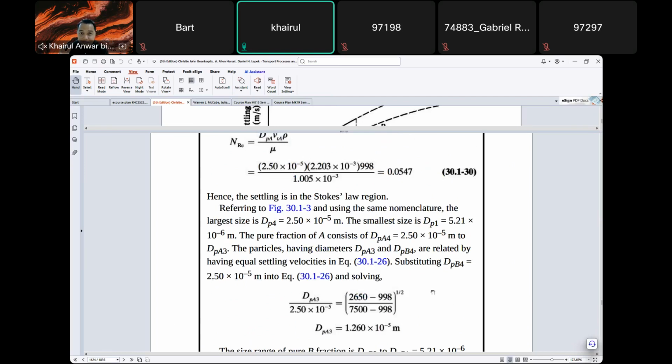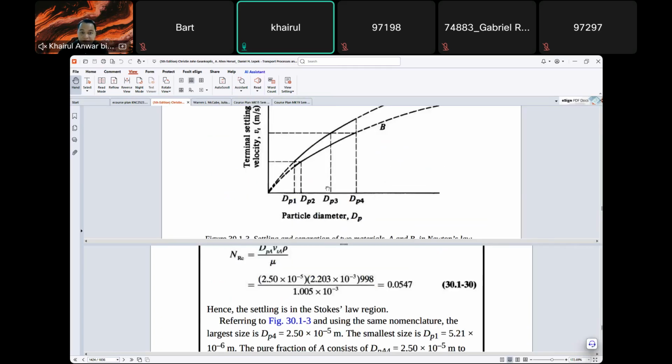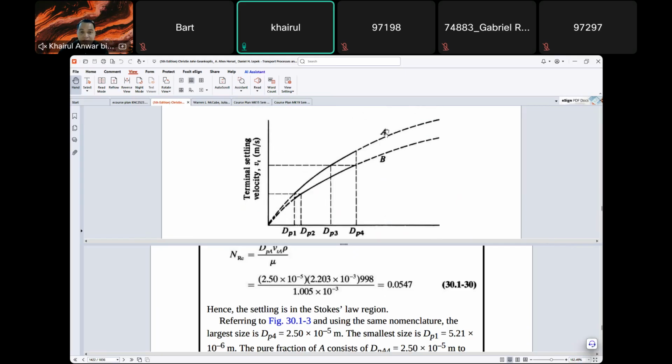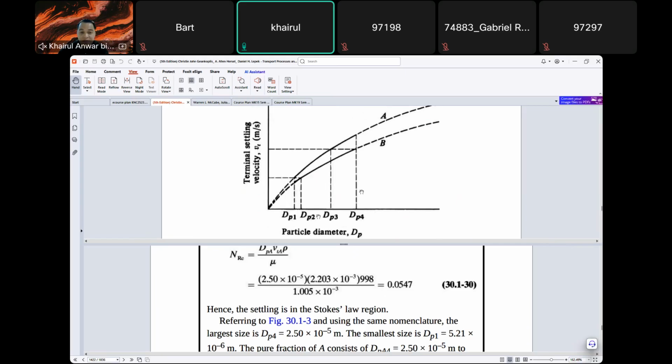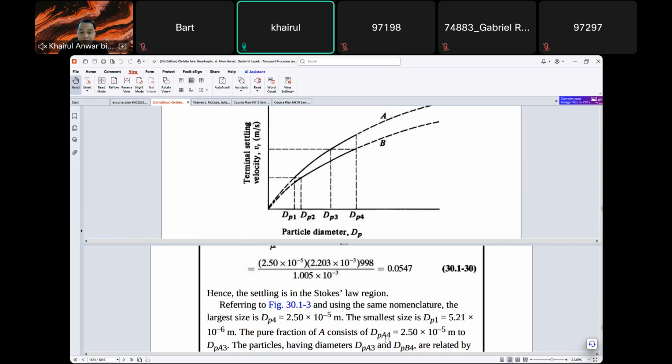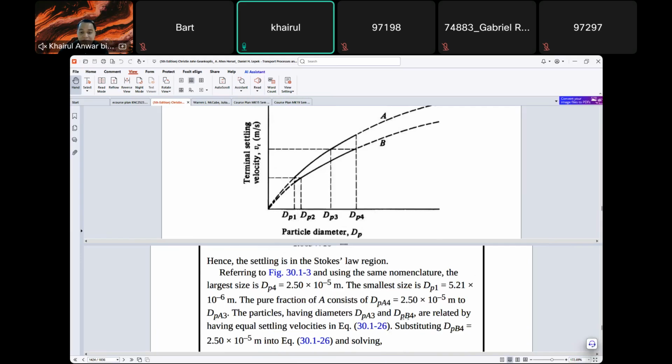So there are two materials now. This figure only shows generally dp1, dp2, dp3. But since there are two materials here, there are dpa4 and dpa3 referring to material A, and dpa3 and dpb4, so this is material A, material B. Dpb4 here, dpa3 here.